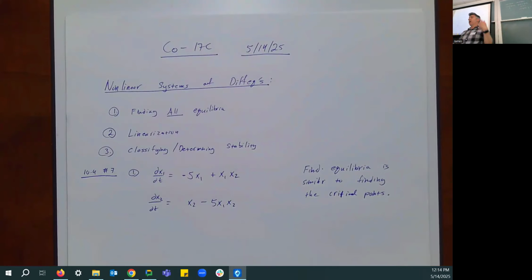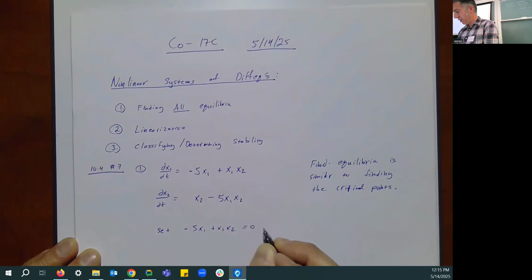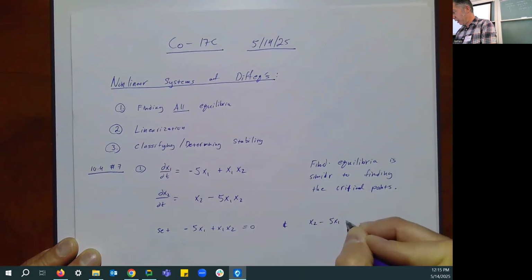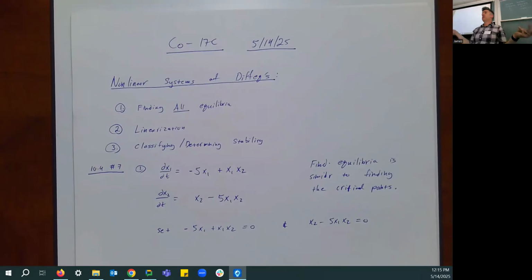We're not going to be calculating the determinant of the fxx, fyy thing. Here, we're just going to set each equation equal to 0. So I set -5 x1 plus x1 times x2 equal to 0, and x2 minus 5 x1 times x2 equal to 0. It really depends; sometimes it's really easy, sometimes it's less easy.